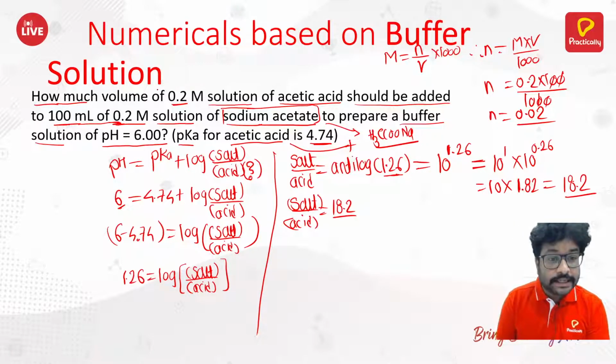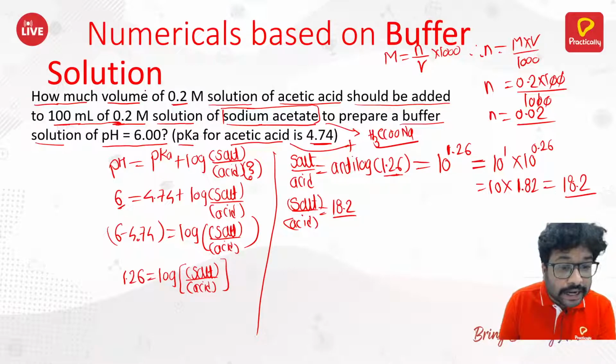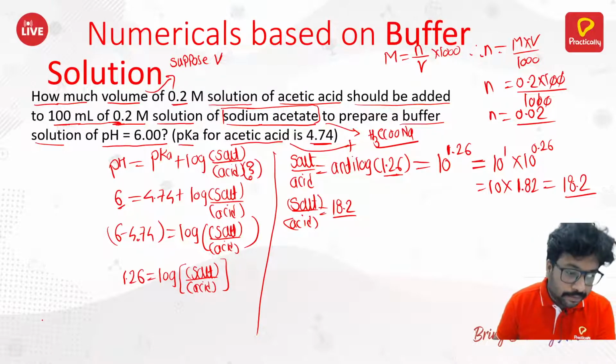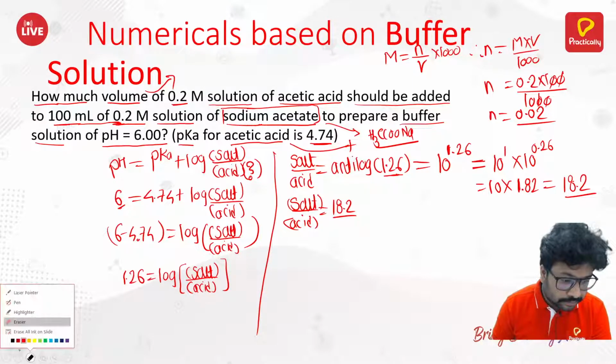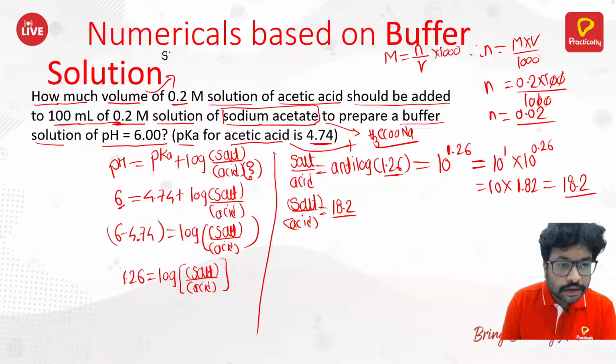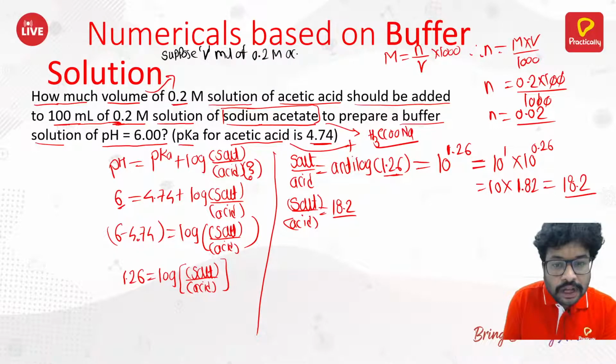But the concentration of acid is still to be found out, as we don't know how much it is. So how much volume are they asking? Suppose V ml of 0.2 molar acetic acid is added.